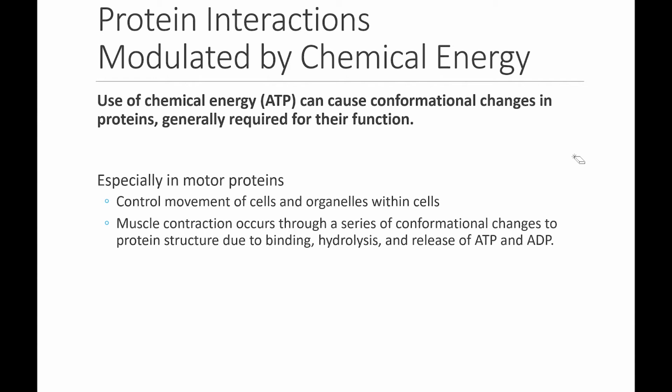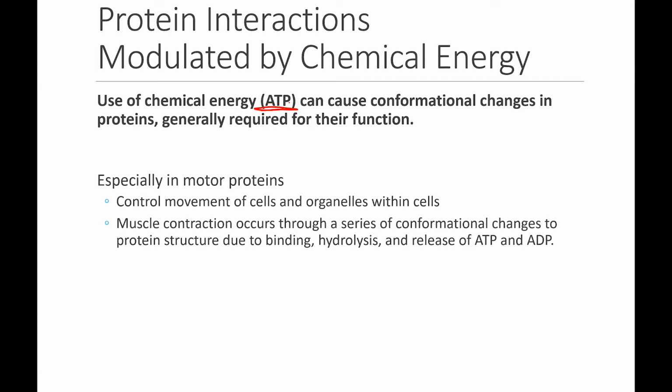And that conformational change in the protein will change its function. This is a very common way in which many of the proteins in biological organisms act. They'll use ATP to cause conformational changes.